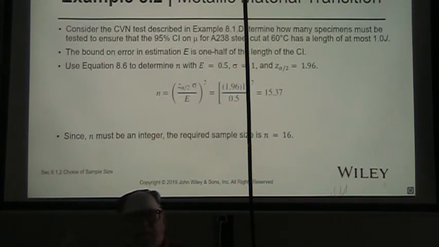All right, so because, again, our sample size has to be an integer number, we round up to n equals 16. Okay, pretty easy peasy.